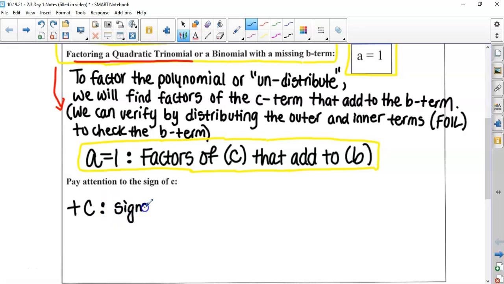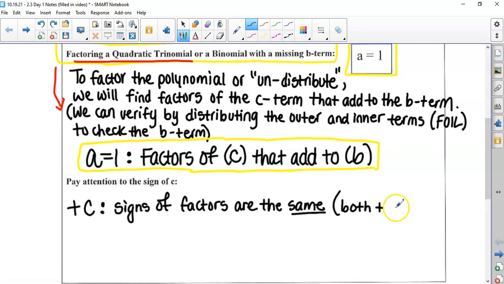signs of factors are the same. Both positive or both negative.